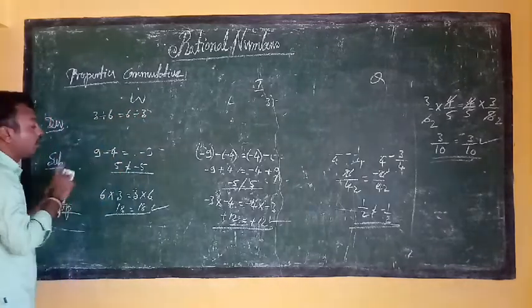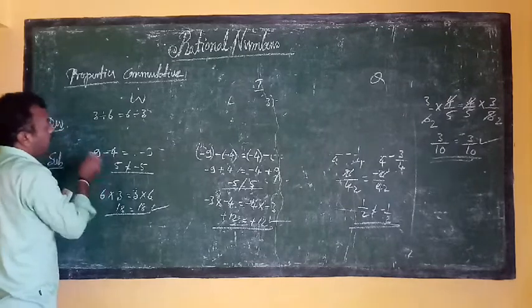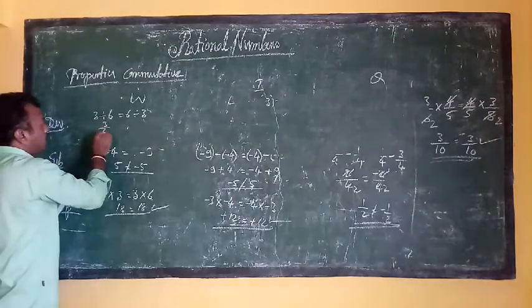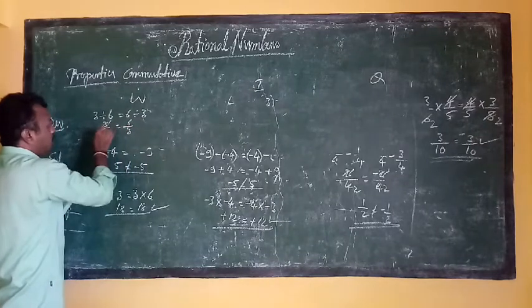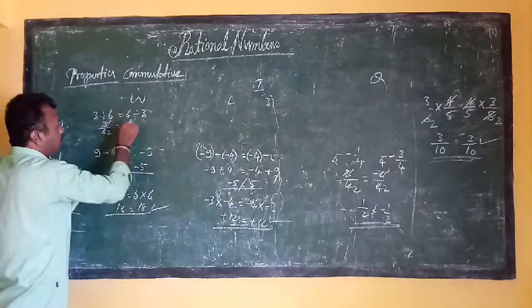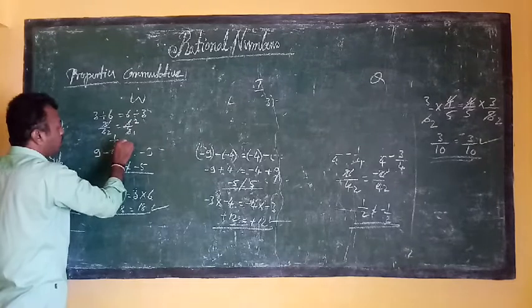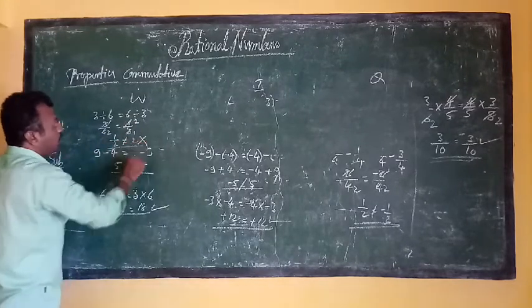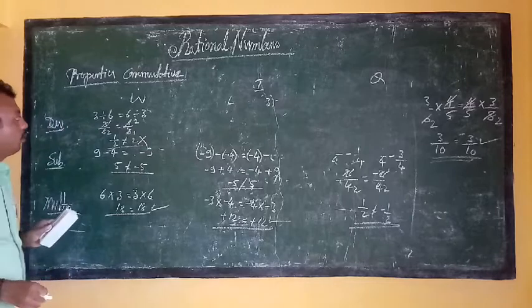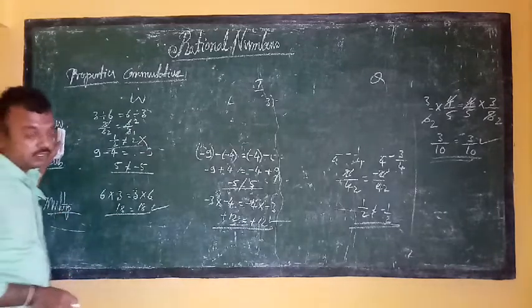So you have to divide in the different order. 3 divided by 6 is nothing but 3 by 6, and 6 divided by 3 is nothing but 6 by 3. So 3 ones are 3, 3 twos are 6, giving 1 by 2, which is not equal to 2 by 1, that is 2. Therefore, the commutative property of whole numbers does not hold under division.